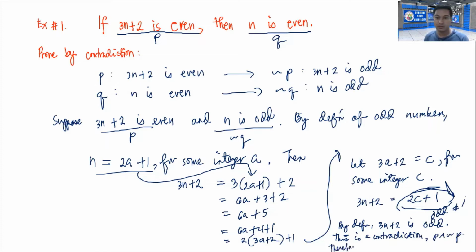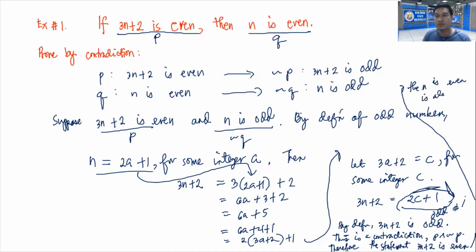Therefore, the statement, if 3n plus 2 is even, then n is even, is also true.